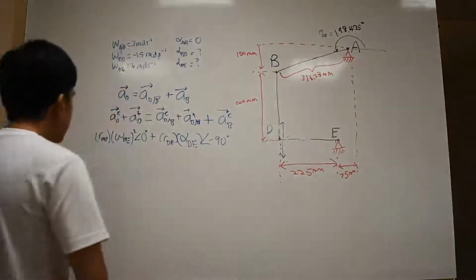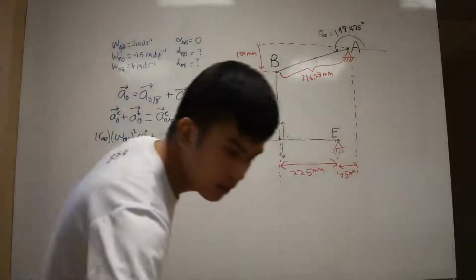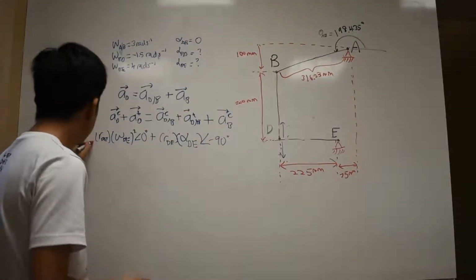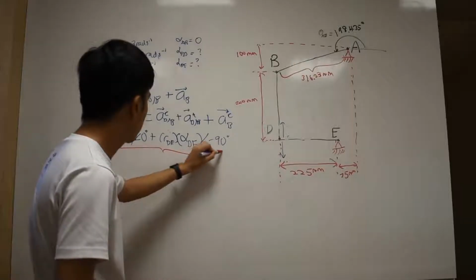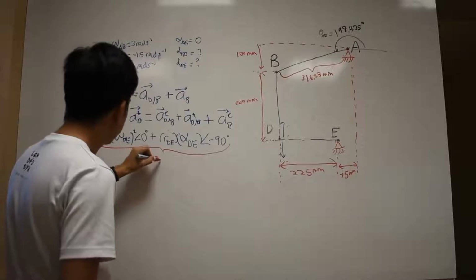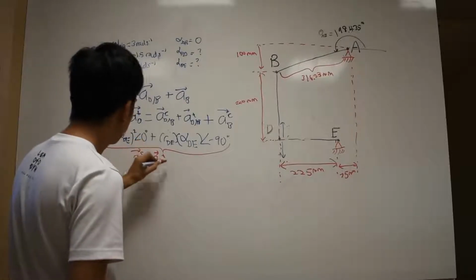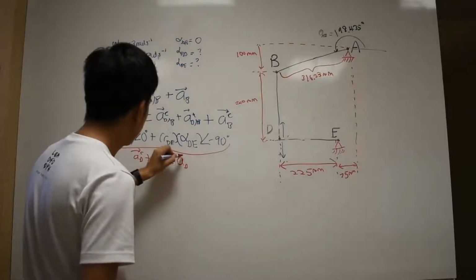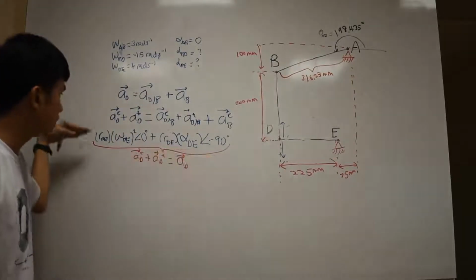Good. So this whole thing describes ADC plus ADT, which is equal to AD. This whole thing is the equation.